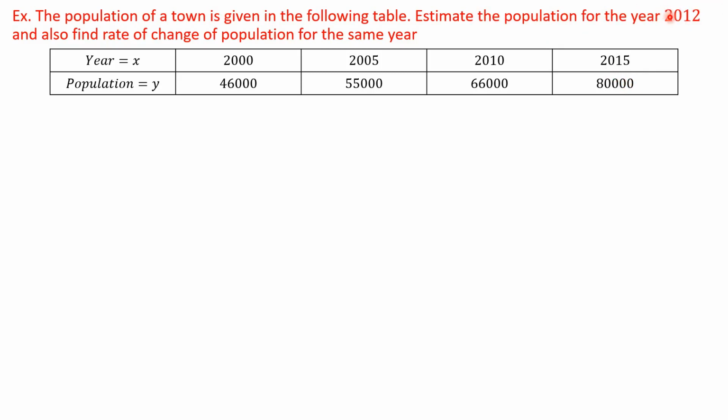You can see this number 2012 lies to the right side of this data, so that's why you are using backward difference interpolation. Suppose you have to find the population in between, let's say for the year 2003, in that case we can use forward difference interpolation. Also find the rate of change of population for the same year.